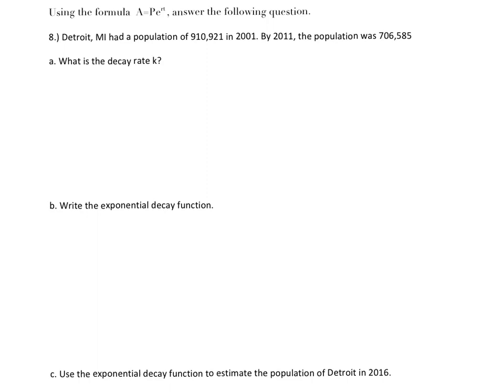Okay, let's go ahead and begin here looking at this one. It says, in Detroit, we had a population of 910,921 people in 2001. And then in 2011, we had a population of 706,585. So the population is doing what? Yes, it is going down.